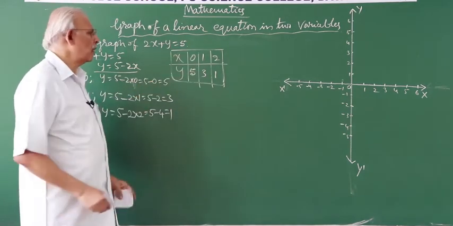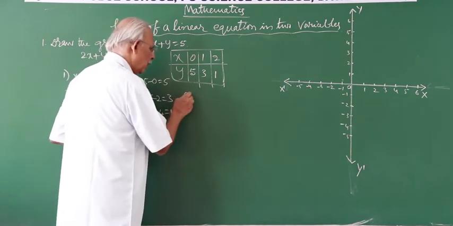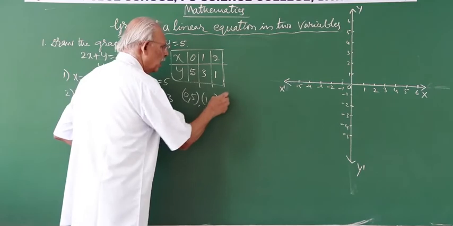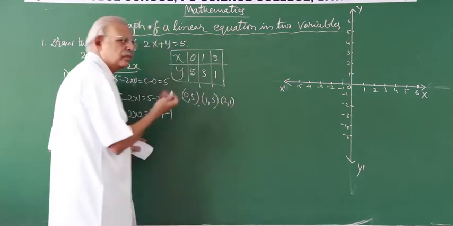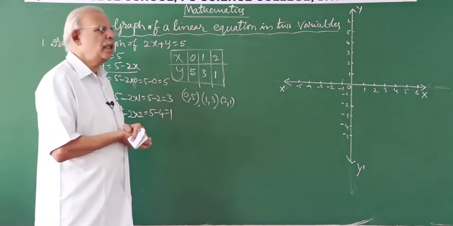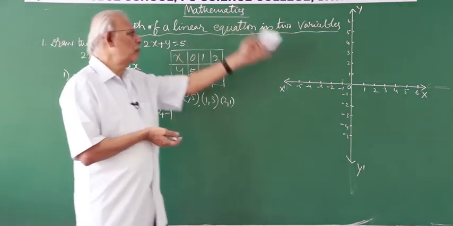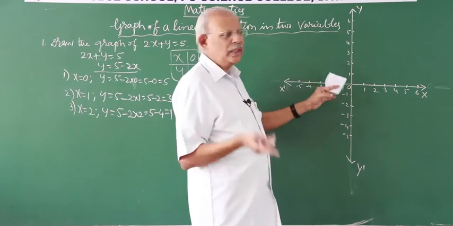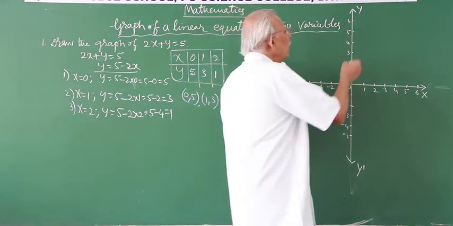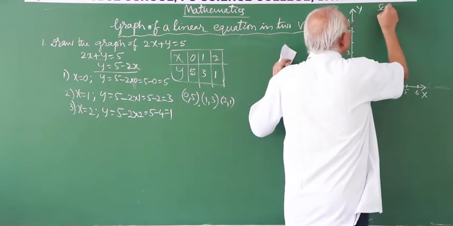Now, these are the three pairs of solutions. You can also write them in this way: (0, 5), (1, 3) and (2, 1). Now locate these. In order to locate these, you have to take a graph sheet and form a Cartesian plane like this, and you can choose a suitable scale.